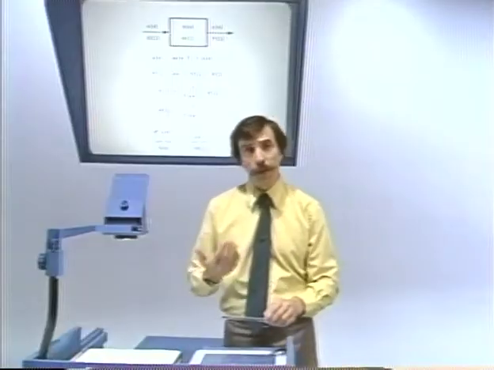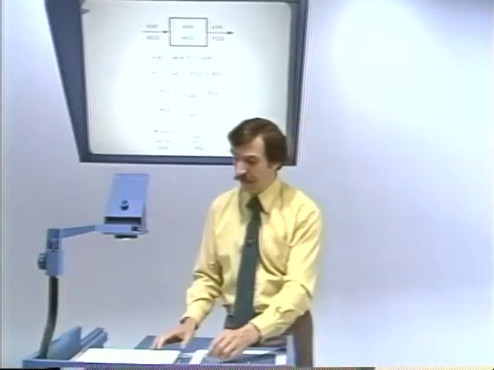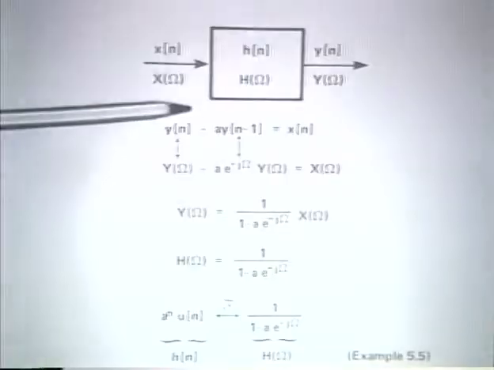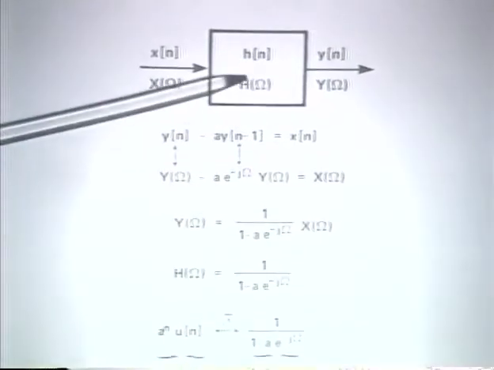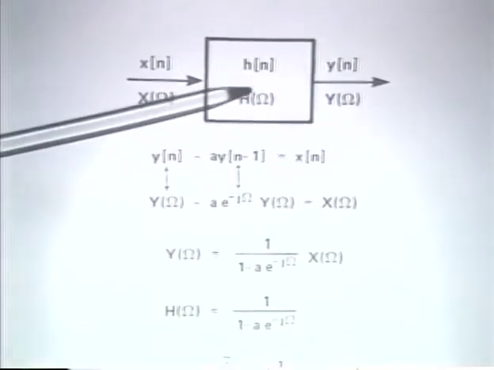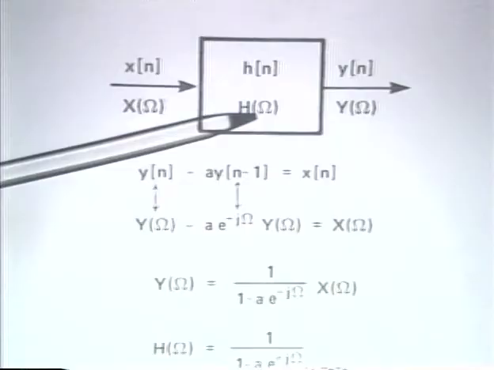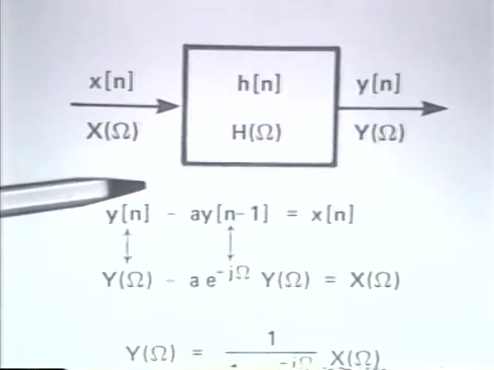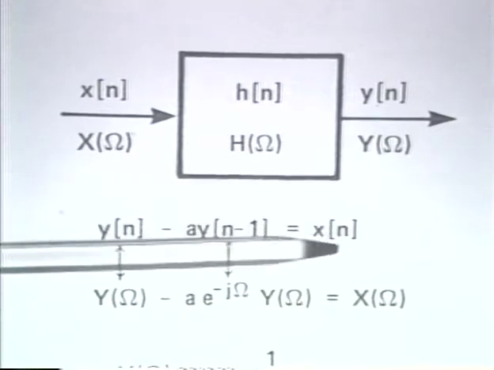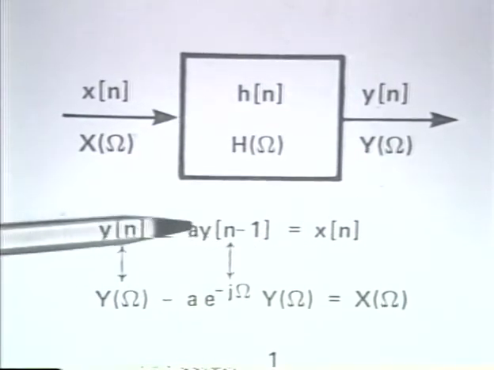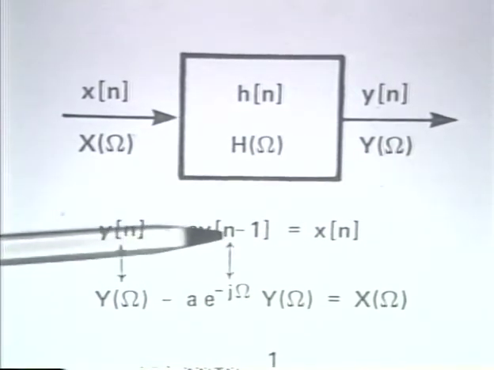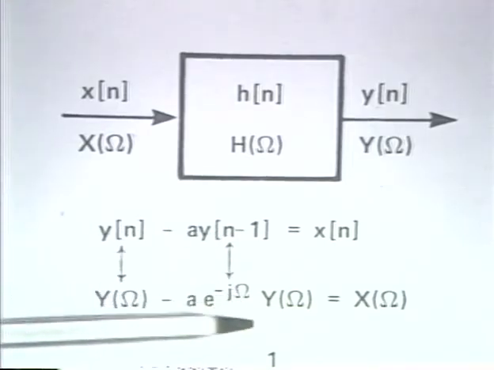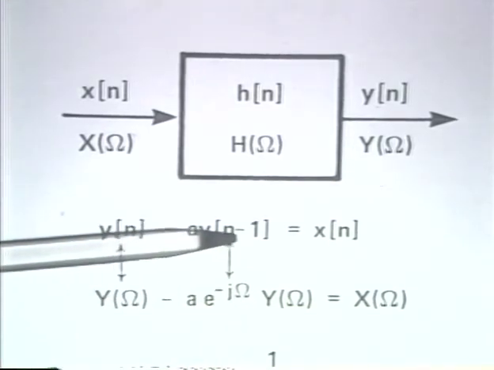And so interpreting the first-order difference equation as a system, what we're attempting to generate is the frequency response, which is the Fourier transform of the impulse response. And from the difference equation, we can, of course, solve for either one of those by exploiting the properties of the Fourier transform.